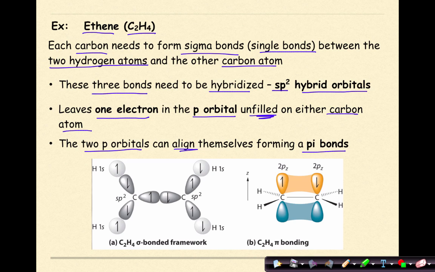So in this model, we see a single bond here, a single bond here, single, single, single. And if we look at these carbon atoms, they're making 3 bonds. So 3 bonds means sp2 hybridization. But again, they told us that this is going to leave 1 electron in a p orbital here, unfilled, and 1 electron in a p orbital here, unfilled.